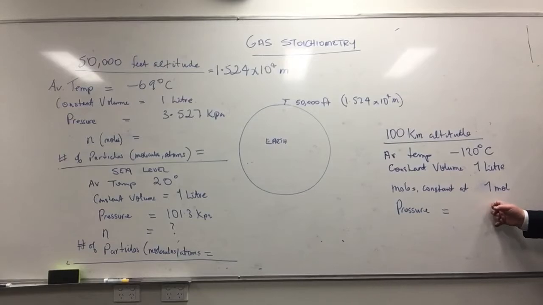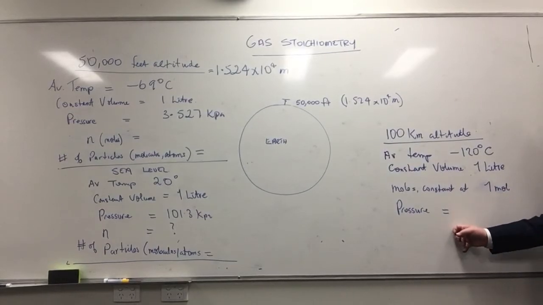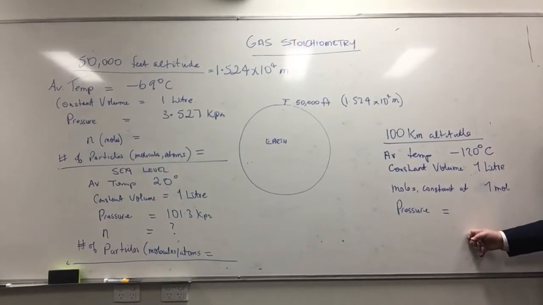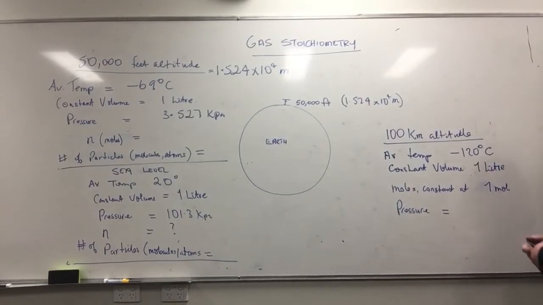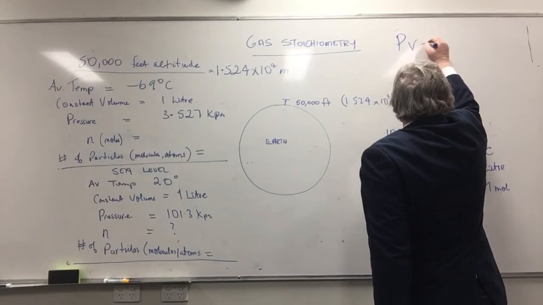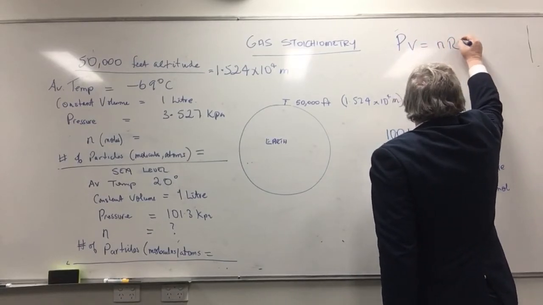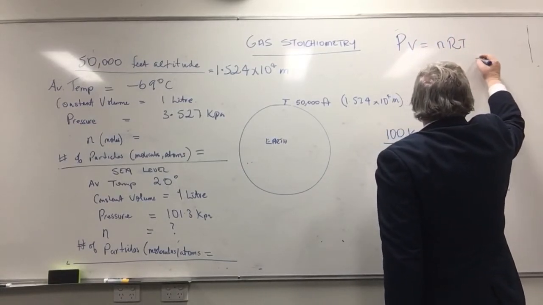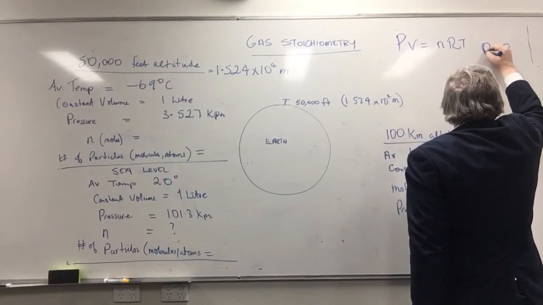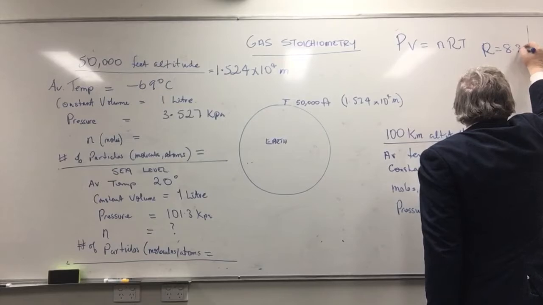So we're going to sample 1 mole of the gas. If we sample 1 mole, 1 litre at this temperature, what will be the pressure? And don't forget again, PV equals nRT, and in this case R is equal to 8.31.